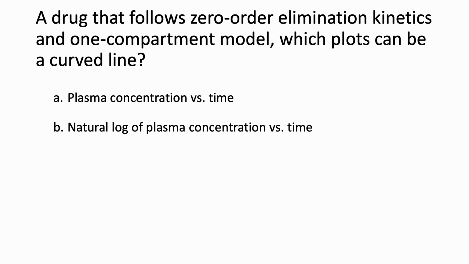A. Plasma concentration versus time. B. Natural log of plasma concentration versus time. As I mentioned in the previous question, in the rectangular coordinate of concentration of drug versus time, if it's a straight line, that's zero order. If you take the natural log of this, it will turn into a curved line. So for zero order, the plot that can be a curved line is the natural log of plasma concentration versus time.